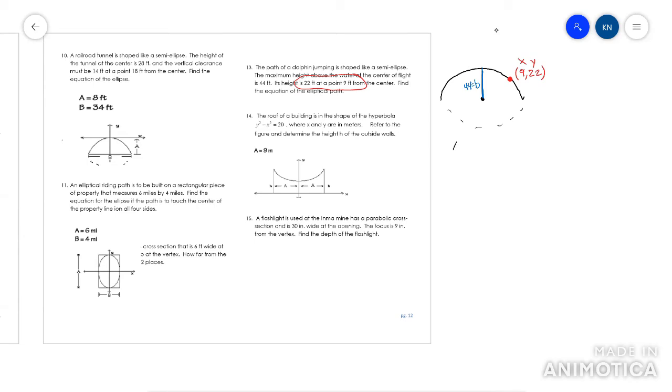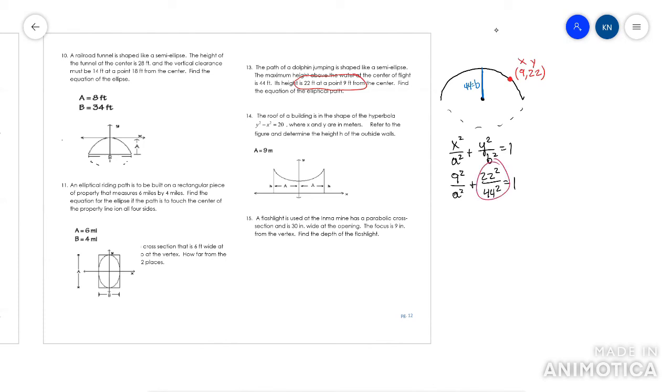So now you take your equation, x squared over a squared plus y squared over b squared equals 1. We know x and y, so go ahead and plug them in. We know what b is. We need to solve for a. So it's real similar to that other one that we just did.